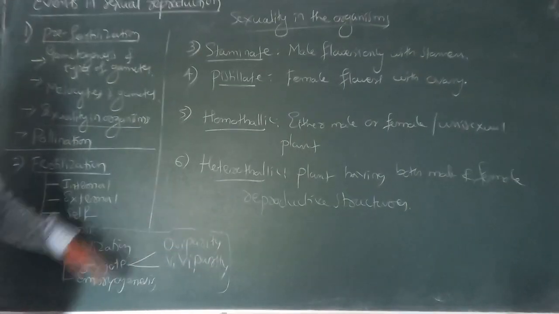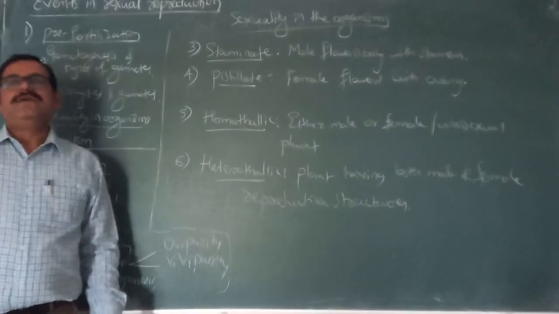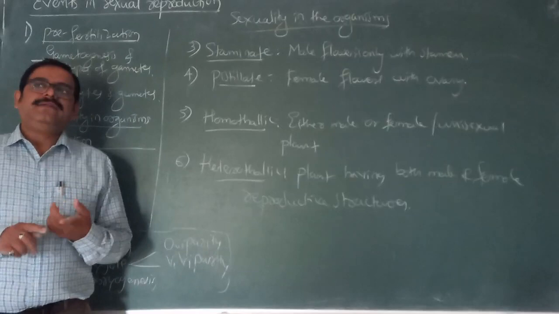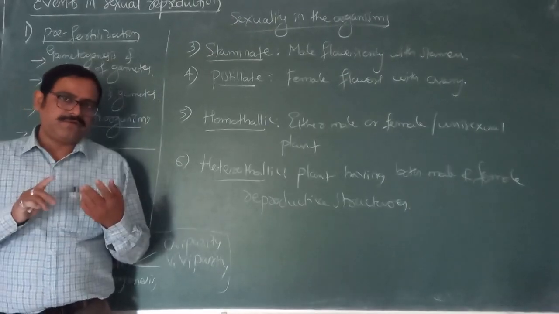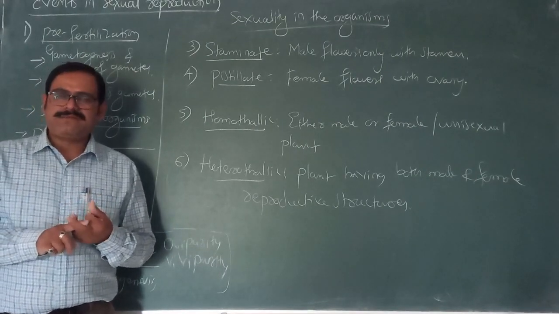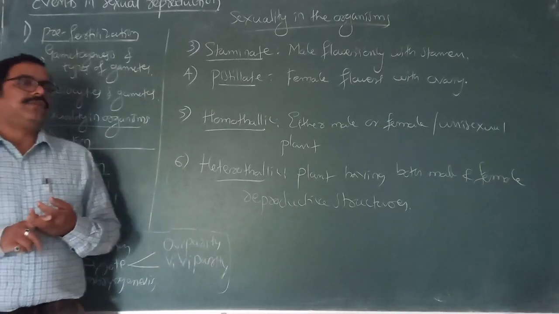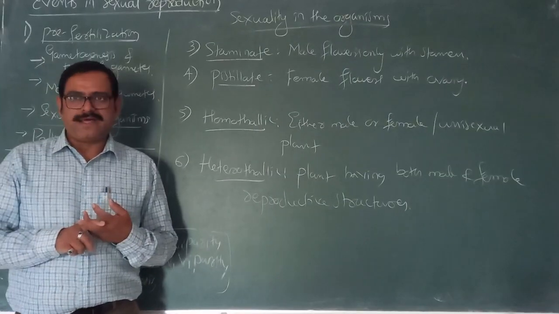So under the sexuality of the organisms, we have discussed unisexuality and examples, also called dioecious plants or animals. We have discussed bisexuality, also called monoecious, and in animals hermaphrodites. We also discussed monoecious plant examples such as sweet potato and carrot.